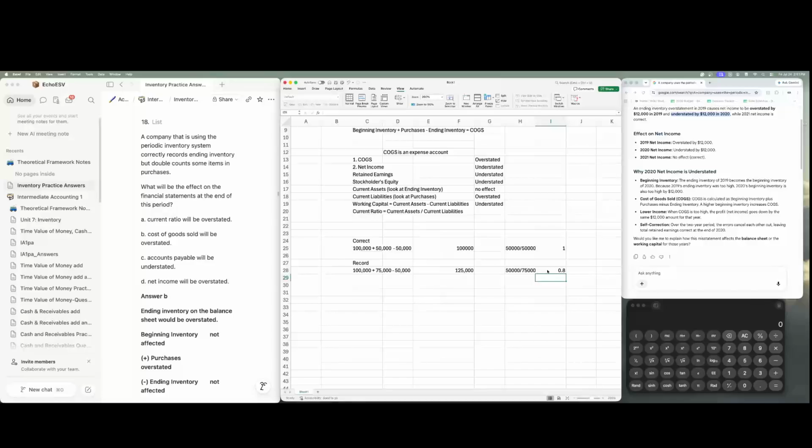So the ratio is actually going to be understated as well. So what would the effect be? Cost of goods sold will obviously be overstated.